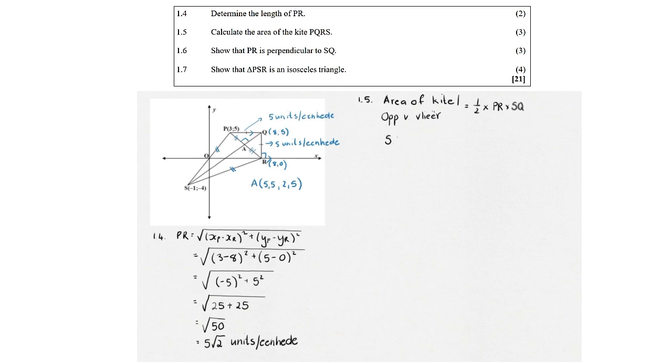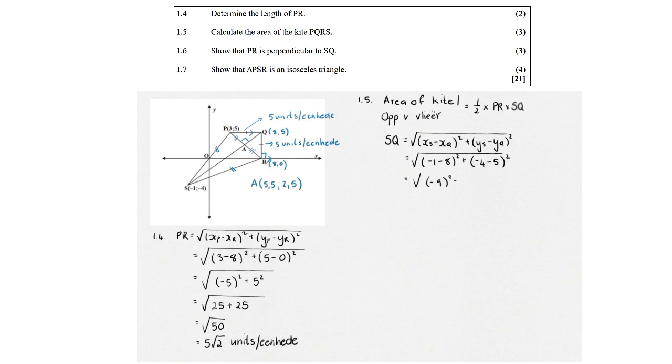We have the length of PR as 5 square root 2, and now we only need to determine the length of SQ. So the length of SQ is equal to the square root of the difference in the x-coordinates, so that is minus 1 minus 8 in brackets squared, plus the difference in the y-coordinates of the 2 points squared, and that is negative 4 minus 5 in brackets squared.